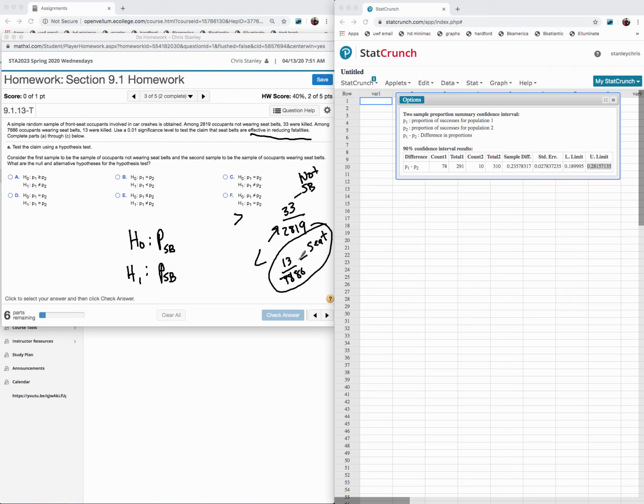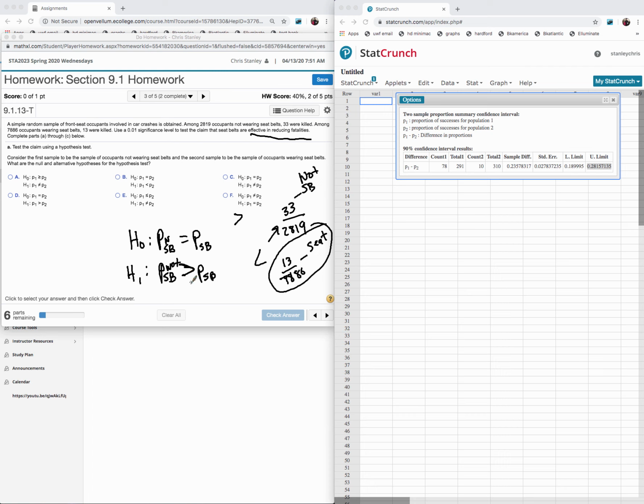So let's see what we want to do. Consider the first sample to be the sample of not wearing. Okay, so that's going to be important. So this is no seatbelt versus seatbelt. Take a second and see if you can figure this out. If they're not wearing a seatbelt, it should be greater.